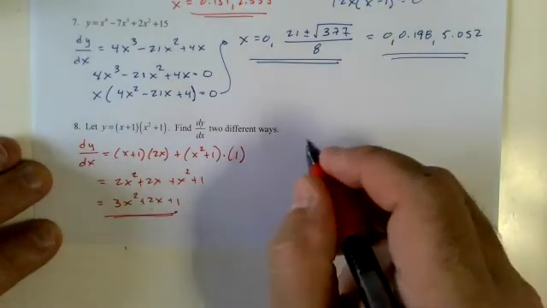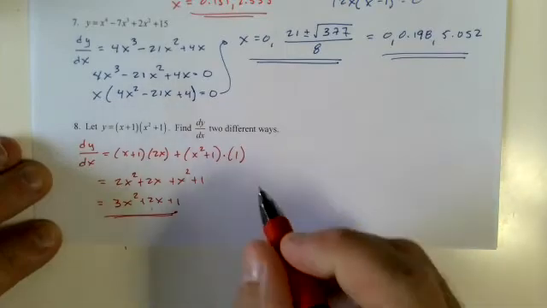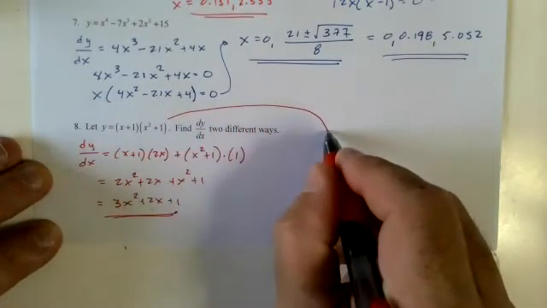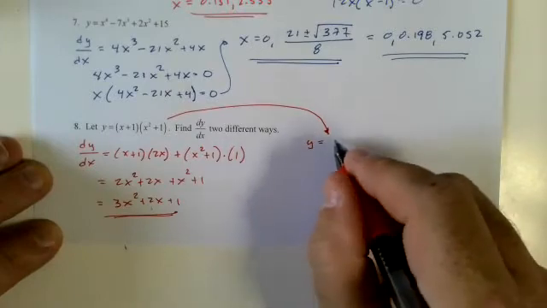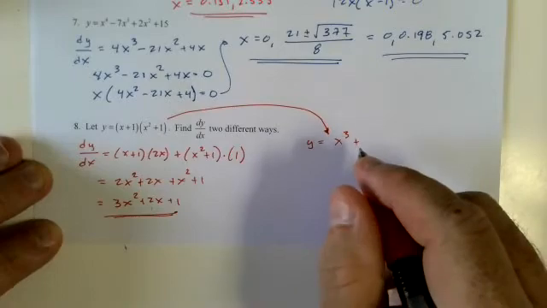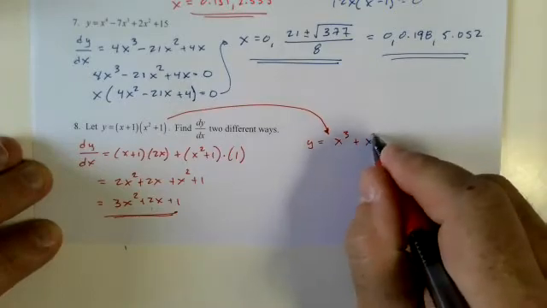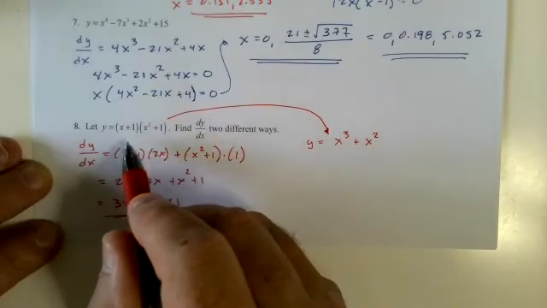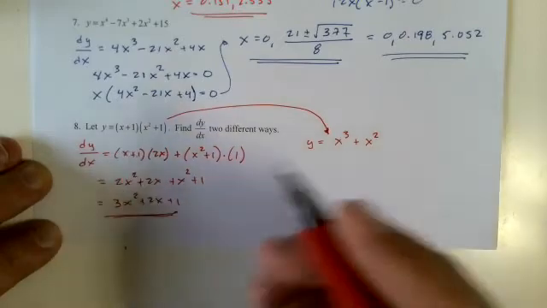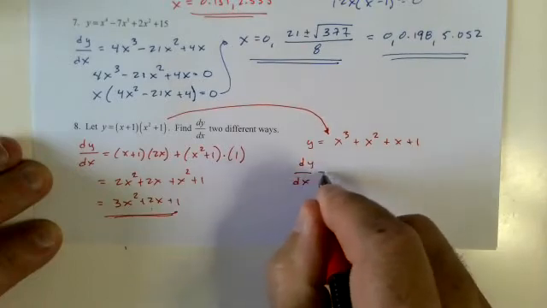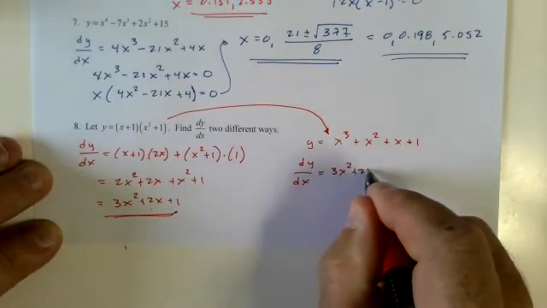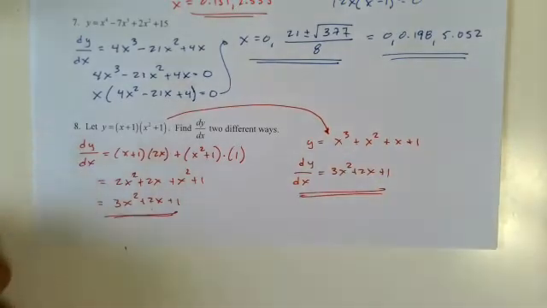Now the other way, y equals x to the third plus x squared plus x plus 1, and then dy/dx equals 3x squared plus 2x plus 1. Either way, doesn't matter to me.